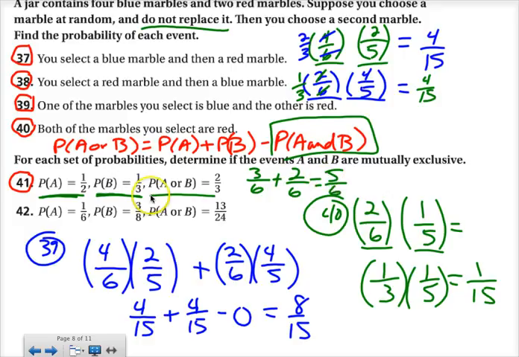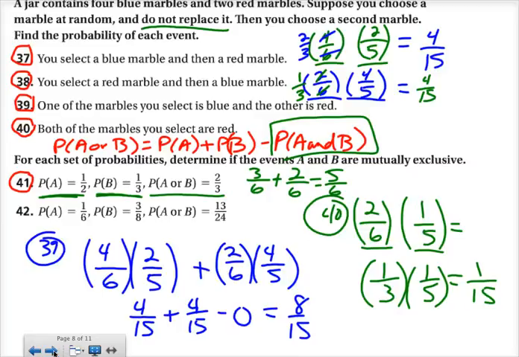So we look at the probability of A or B, and it's not 5/6. So for number 41, those cannot be mutually exclusive. There has to be something that's being subtracted in order to get that 2/3.